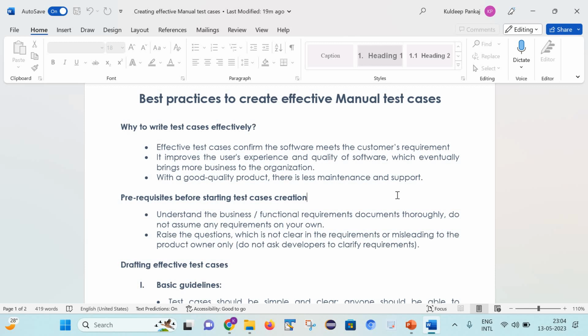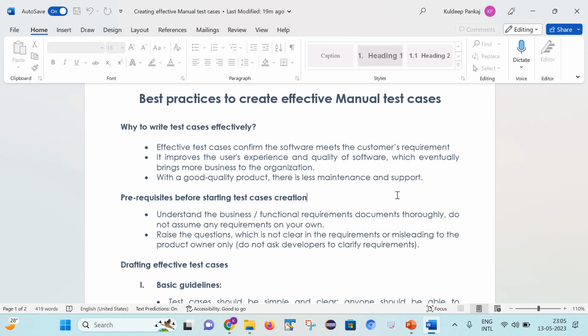So friends, I am using the term product owner here because I believe that in the current scenario, we all are following agile practices, and in agile, the product owner is the person who is in direct contact with the stakeholders, and he is collecting the requirements and converting those requirements into user stories.